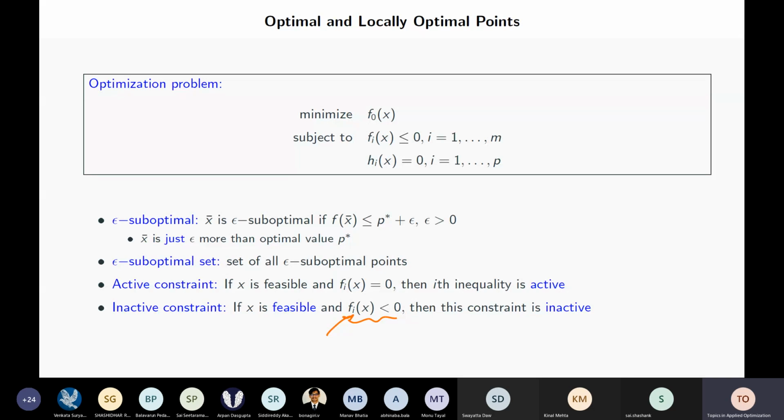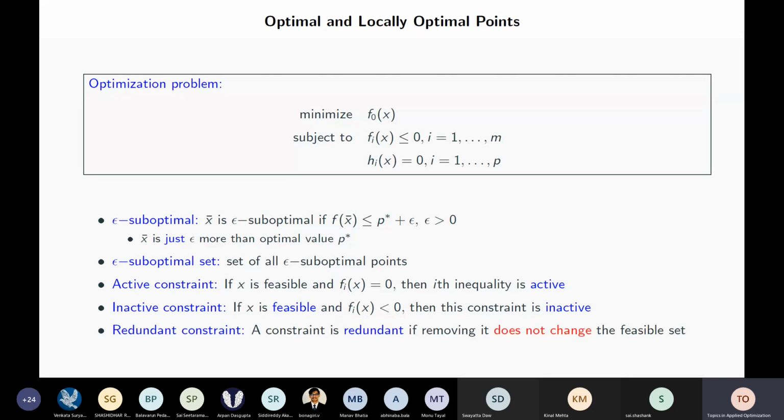Then there is a redundant constraint. A redundant constraint is a constraint that, if we remove it, doesn't change the feasible set. So basically it does not have any impact on the minimization problem. There could be some constraint that is included in some other constraint. Then you can eliminate the redundant constraint and it does not change the feasible set at all.